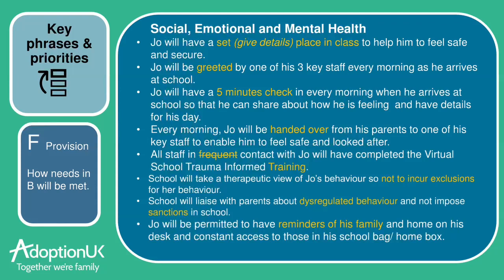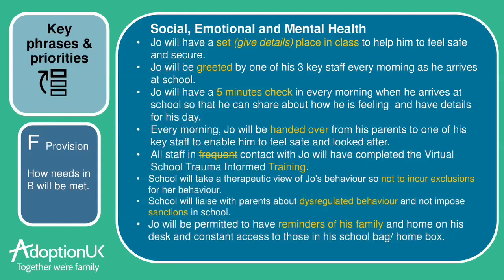It's a big one to think about. How many of our children are not able to regulate through the school day, and then the sanctions just make it worse. So can we get that written in to make schools think about and have a plan so that sanctions aren't imposed?